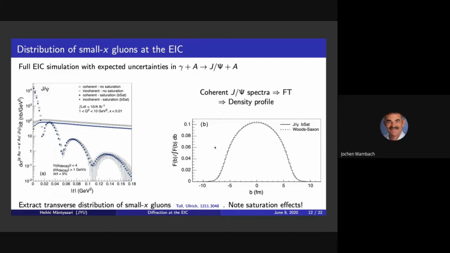Is this, what nucleus is this? Gold. And then these lines show the simulated incoherent cross sections, where you actually expect even larger saturation effects. But in the interest of time, I'm not going more into that.